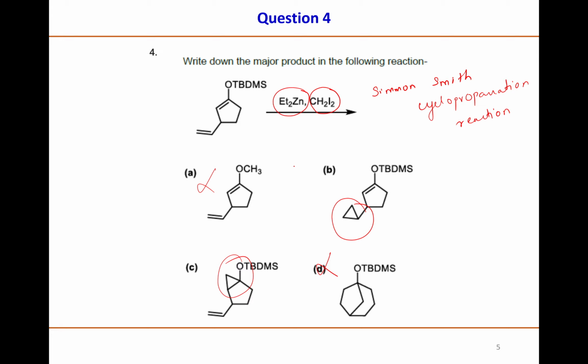First of all, we have diethyl zinc and iodomethane. So what happens in this case? First it will form an intermediate which will further participate in the reaction. So we have to make that intermediate and then we'll see the reaction.